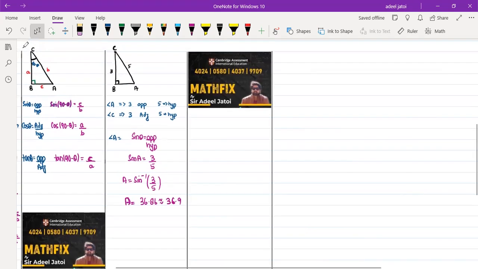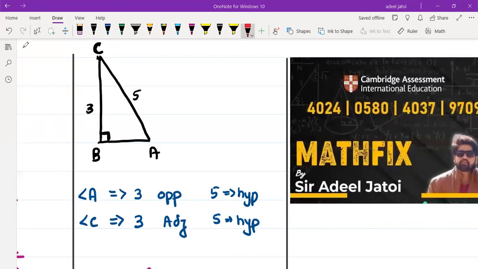Similarly, if we want to find angle C with the same information, we have to find this angle. Now, opposite to 90 degrees is the hypotenuse, but the side opposite to this angle is not given. So the remaining side is adjacent. Adjacent and hypotenuse are given, so we write cos theta is adjacent upon hypotenuse.